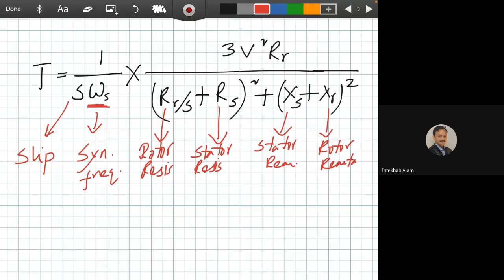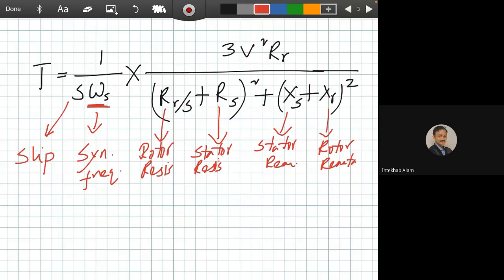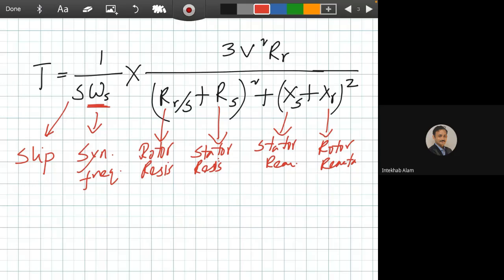Okay, just a moment. So this is the input voltage, and this is for three phase.